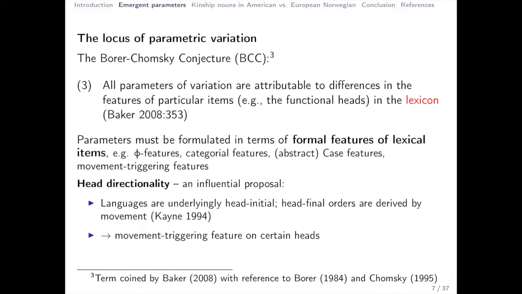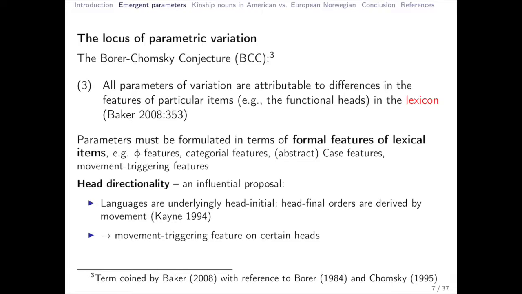That means that parameters must be formulated in terms of formal features on lexical items, and such formal features can be what we call phi features, for example. That's person, number, and gender features, which can in turn trigger agreement. Categorial features, case features, and also movement-triggering features.